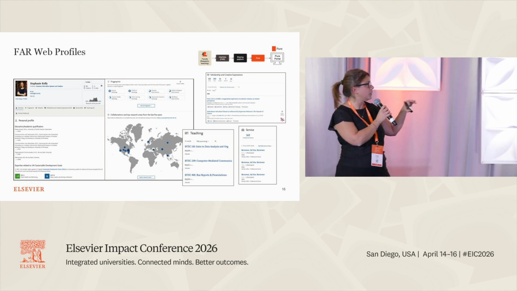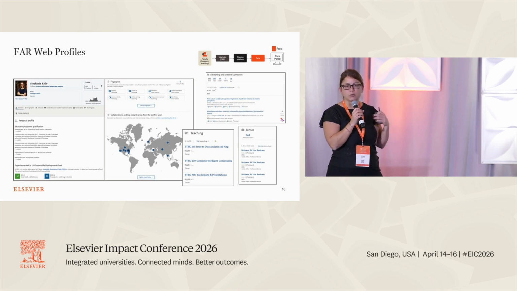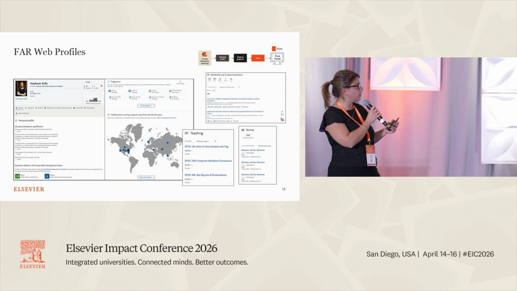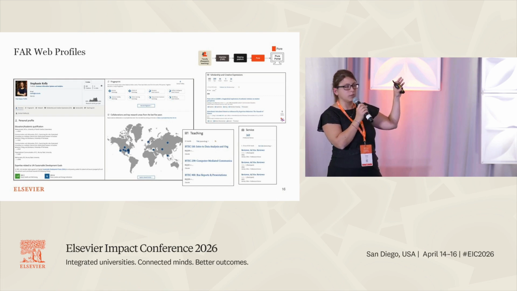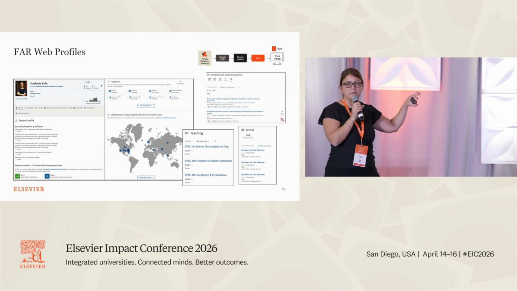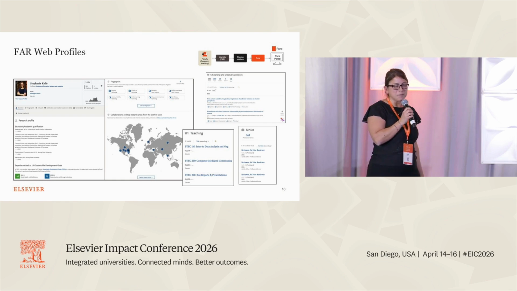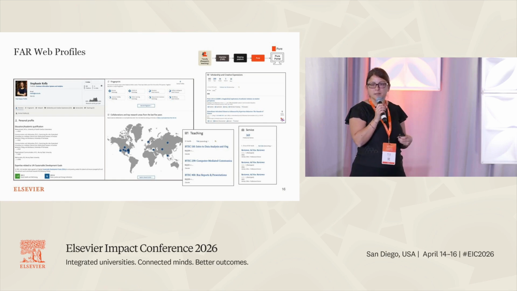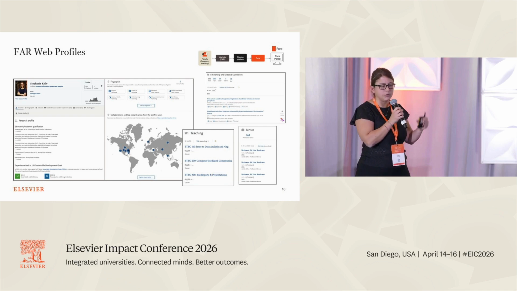So you have on the top basic information such as role, affiliation, contact information, with also on the top right of the left image, metrics that are related to her research activities or faculty activities during the years.